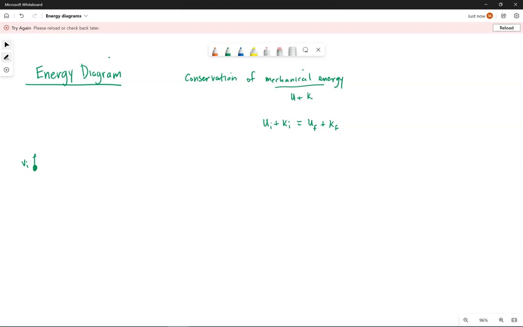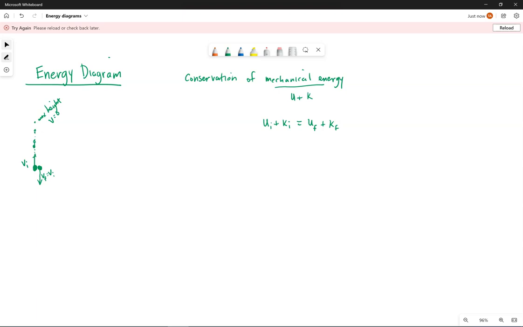We throw a ball, if it leaves our hand with the speed vi, goes up, slows down, eventually it reaches a maximum height where v is 0, and then of course the ball speeds up, coming back down. And by the time it gets back to the same level at which it was thrown, this v final would equal v initial.